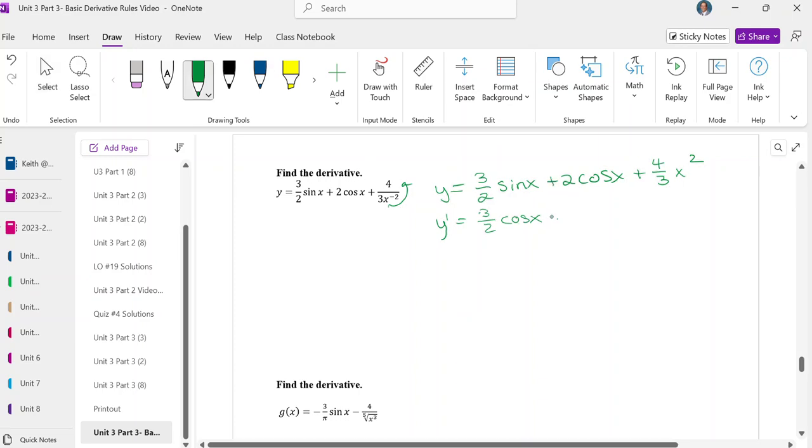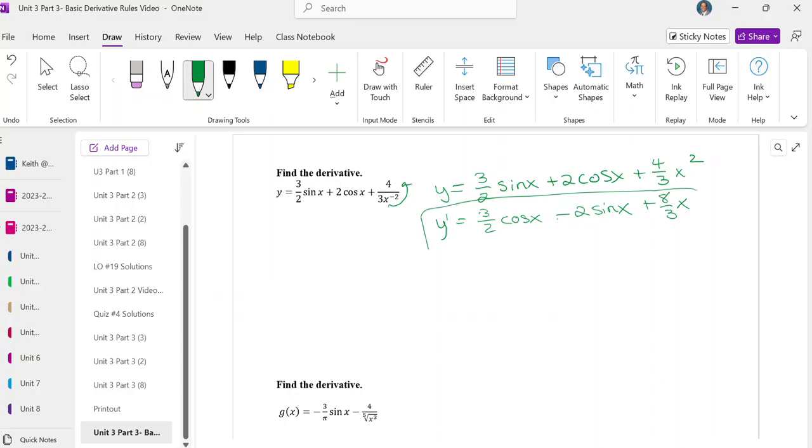So it's going to be 3/2 cosine x minus 2 sine x. And then it's going to be 2 times 4/3 is 8/3 x, right? Because notice 2 minus 1 is 1. So that is your derivative.